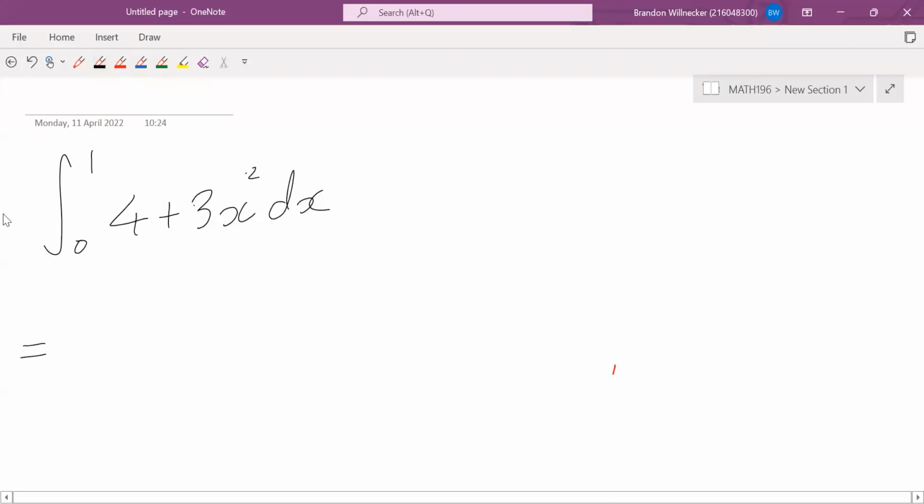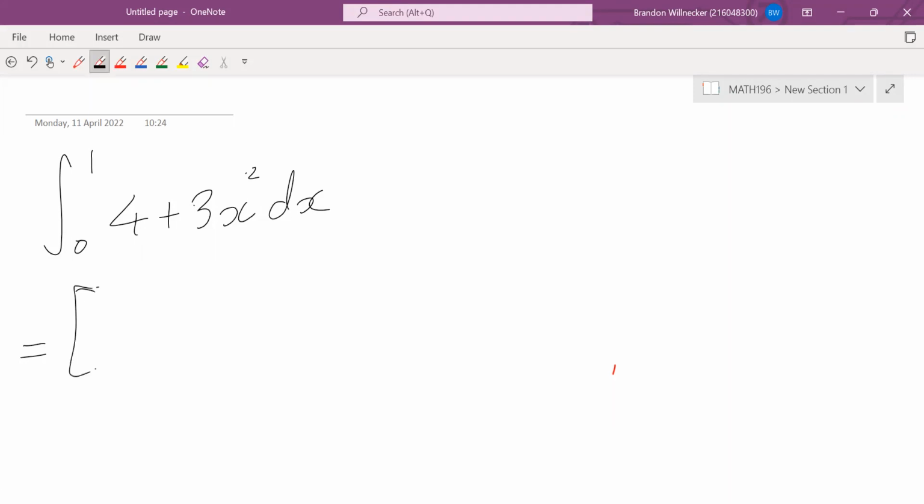Let's quickly look at the bounds. They go from 0 to 1, so that's fine. We don't need to do any swapping because the lower bound is smaller than the upper bound, so everything is in the right order. We don't need to worry about any issues with the minus sign there.